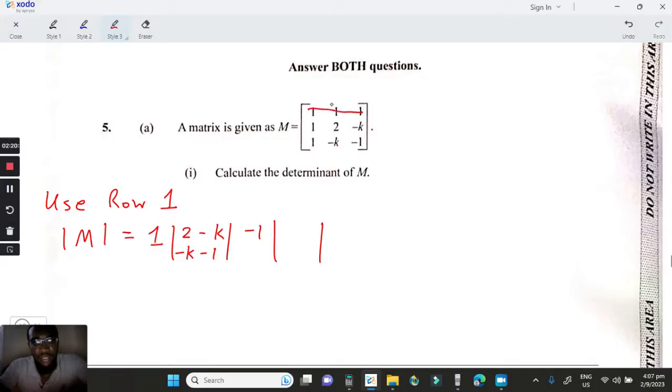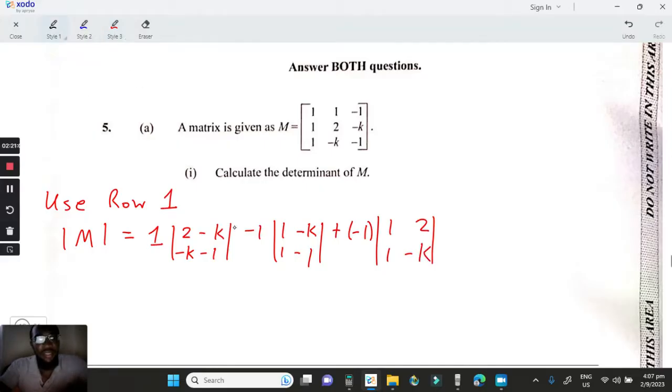Remember, this is the one we cross out, just to show you again. So we'd have 1 minus k, 1, negative 1. Then the last one, we cross out this, and so we're left with 1, 2, 1 minus k. And because this is minus, it is really plus negative 1 times 1, 2, 1 minus k.